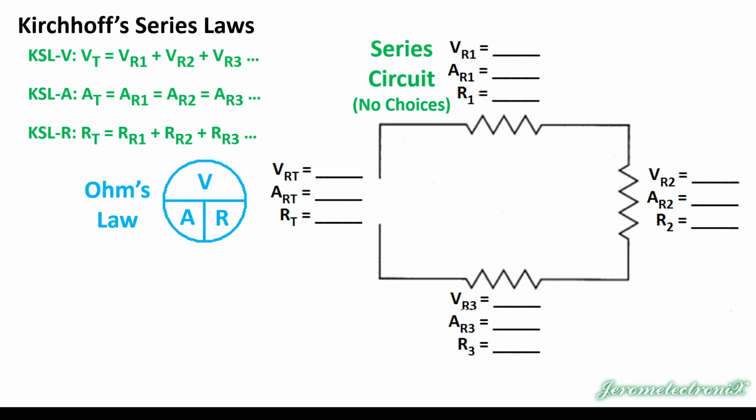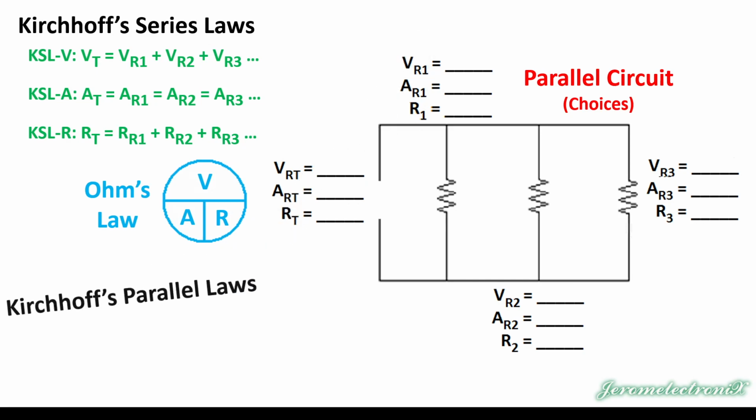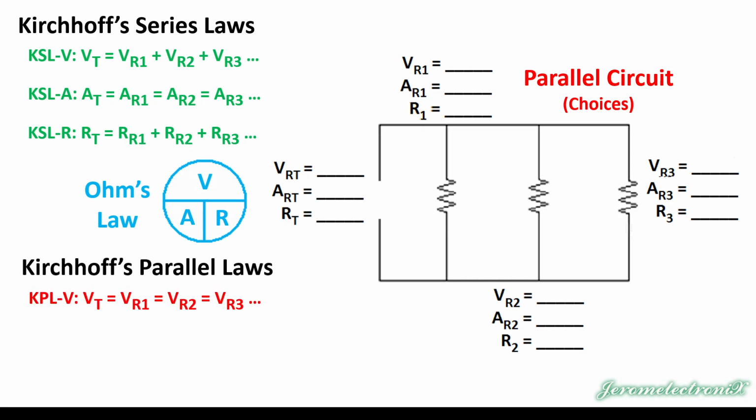And of course, so we're putting one of those there. And so this is also a parallel circuit. And parallel circuit means that there are different branches, different pathways for the electrons to travel through. The electrons then have choices. And using Kirchhoff's parallel laws here, this is KPLV, and this is how we say, if you know one, you know them all.